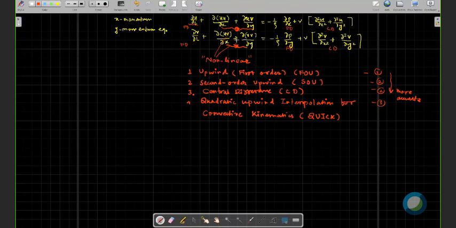Okay. So we have looked at the first order method to discretize these terms. Now I'll just take one term like this, and I will show how the second order upwind method, SOU, is used.